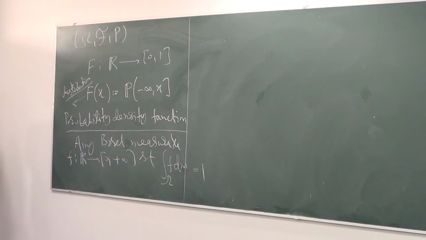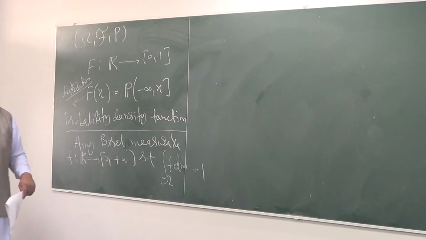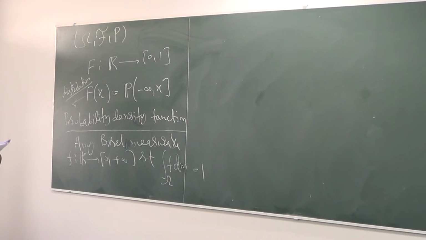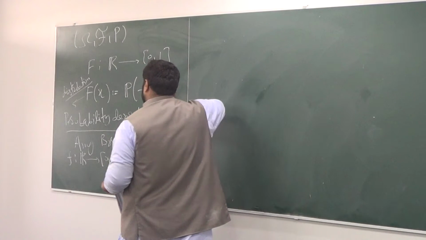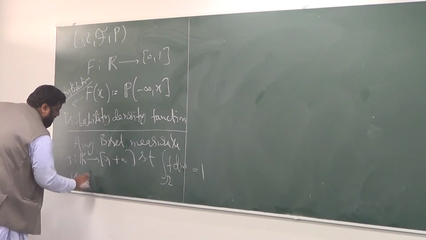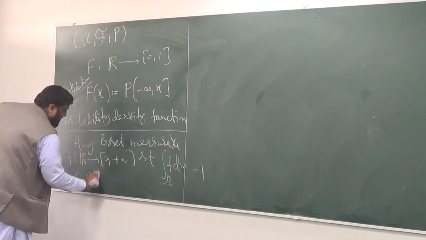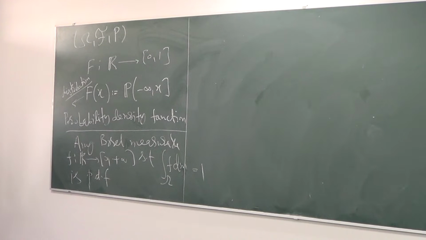If a function is Borel measurable and its integral with respect to the Lebesgue measure is 1, then it is called a probability density function.